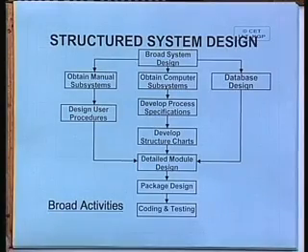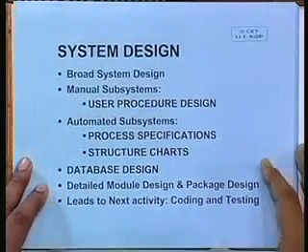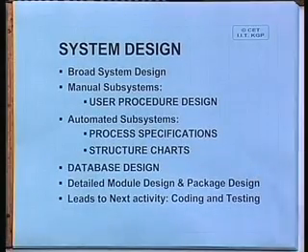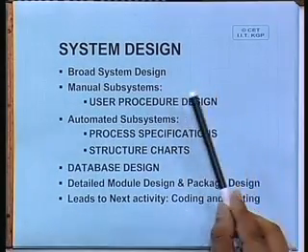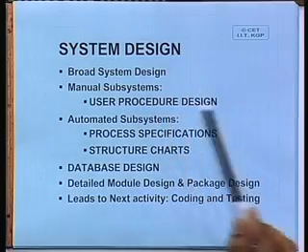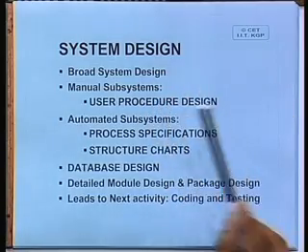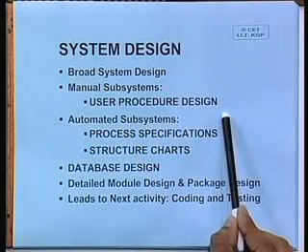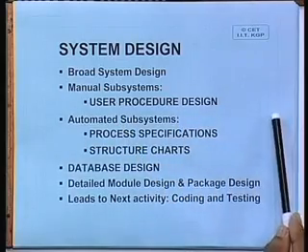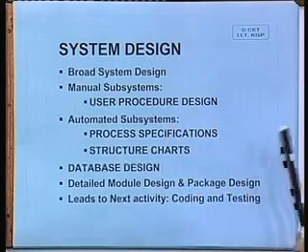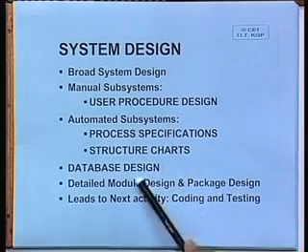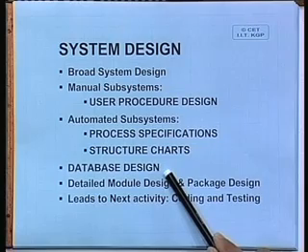Now, very quickly let us overview some of the important things about system design. The first and foremost activity is the broad system design. Three components are there: manual subsystems, basically user procedure design, two manuals, operations manual and the user manual; automated subsystems, process specifications, structure charts; then database design.